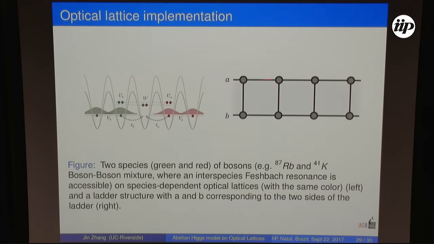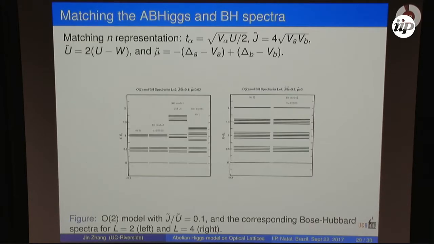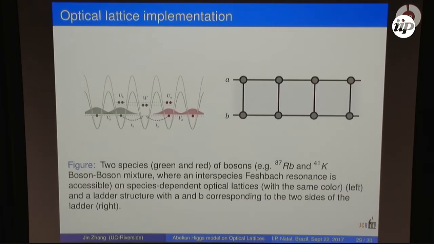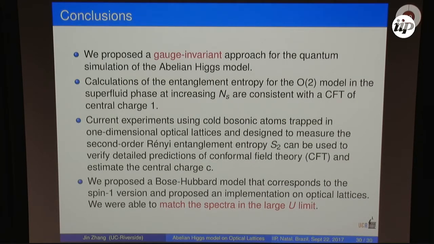This represents species A, and this represents species B. Here, because VB equals negative U over 2, it is negative, so there's a problem. But this interaction can be realized by the dipole interaction, which is attractive.